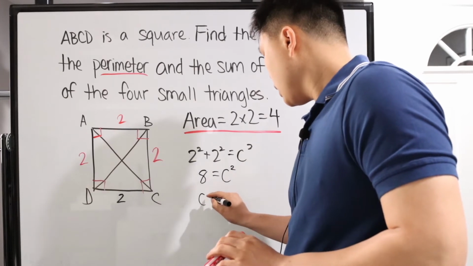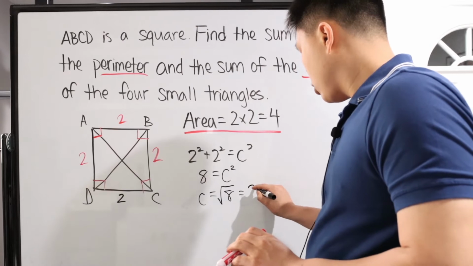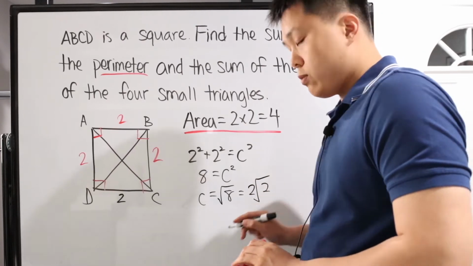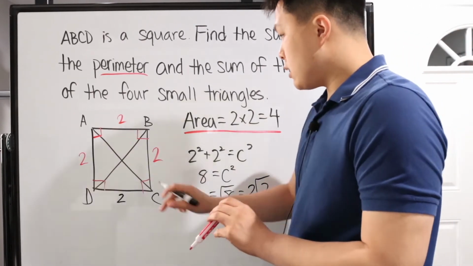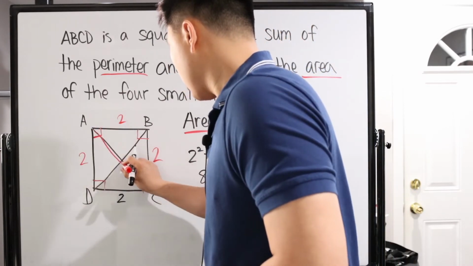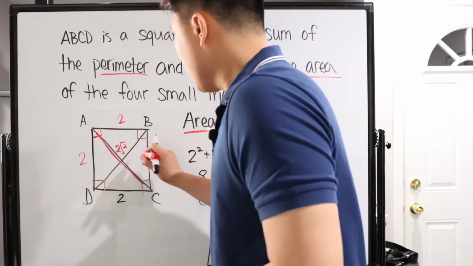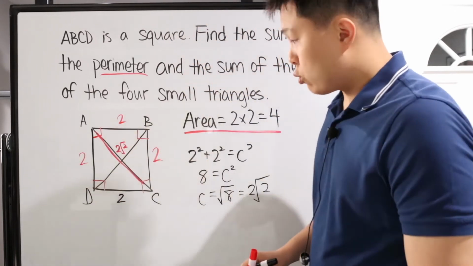So, c equals the square root of 8, or in other words 2 square root 2. Okay, so that gives us this diagonal right here. It's going to be 2 square root 2. This whole thing, I'm going to try to highlight it like this, and that's 2 square root 2. Same reasoning, the other diagonal is also 2 square root 2.